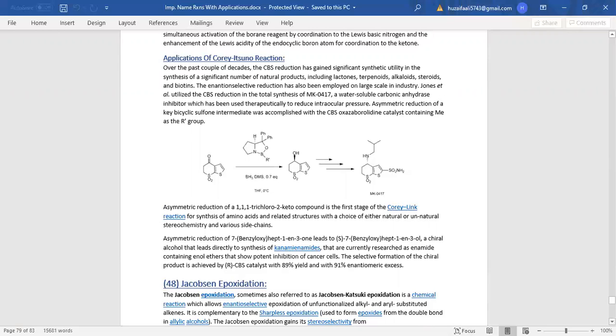The selective formation of the chiral product is achieved by the CBS catalyst with an 89% yield and with 90% enantiomeric excess.